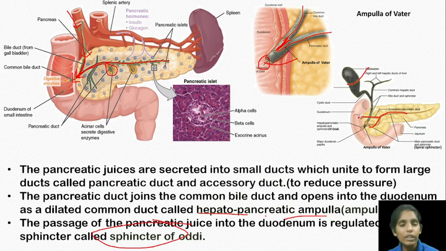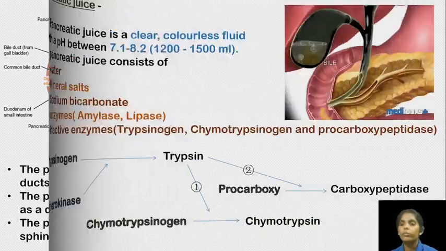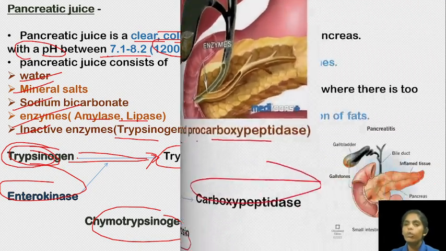So in order to decrease this pressure buildup, an accessory pancreatic duct is present. Some part of the pancreatic juice will also travel into this accessory pancreatic duct, resulting in a decrease in the pressure buildup in the pancreatic duct.